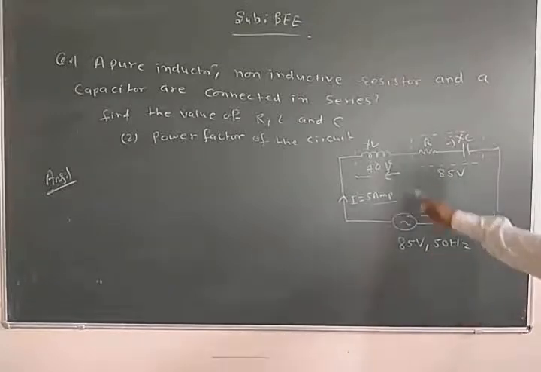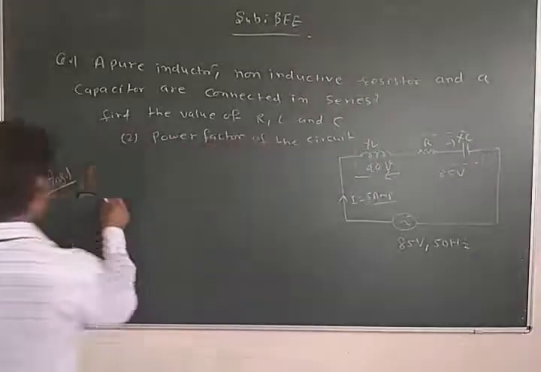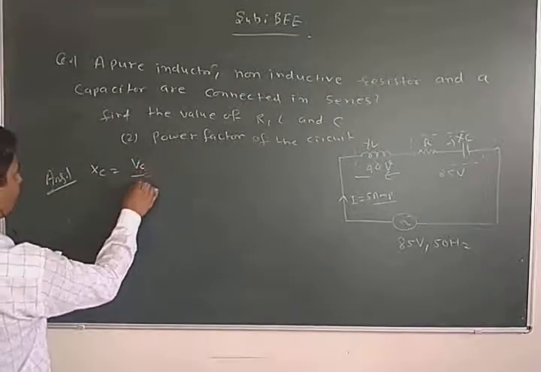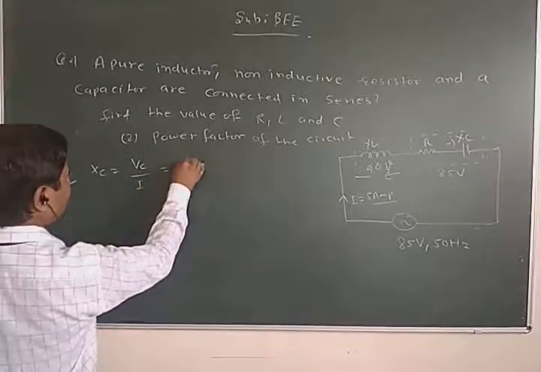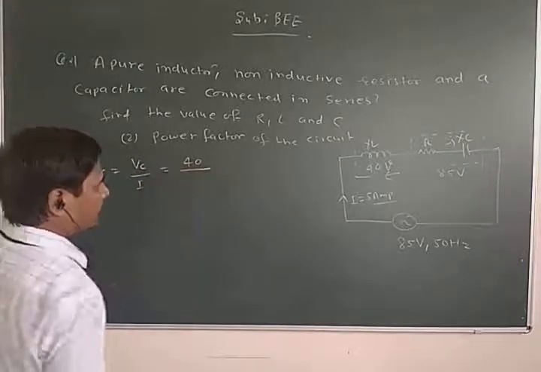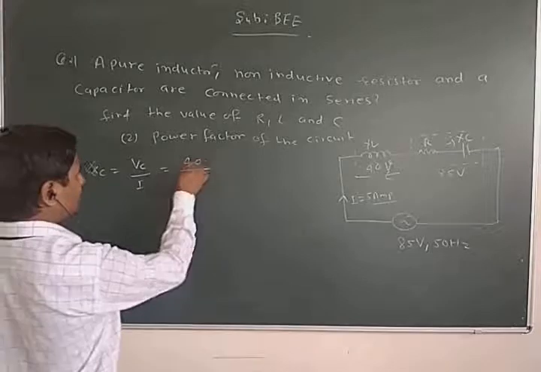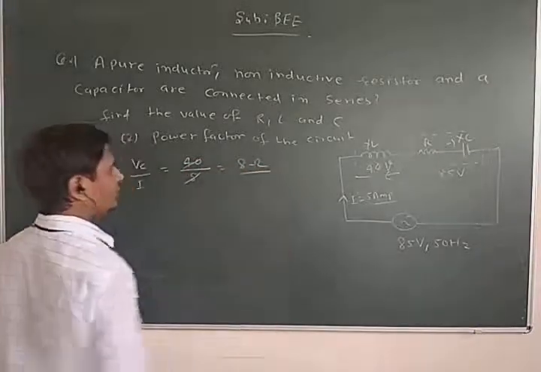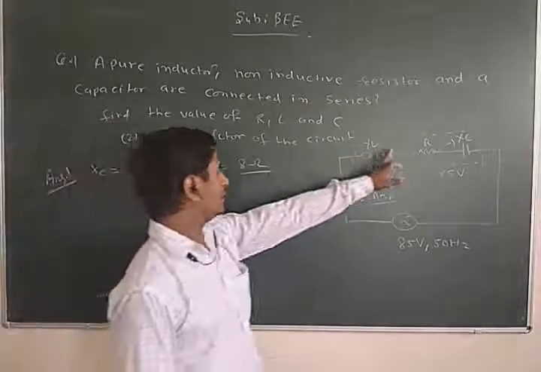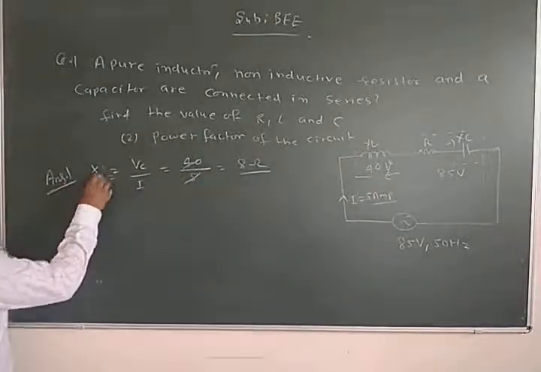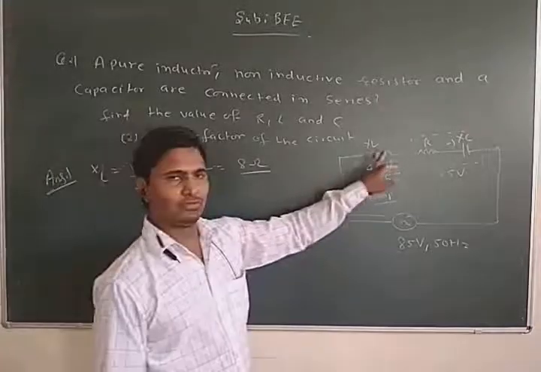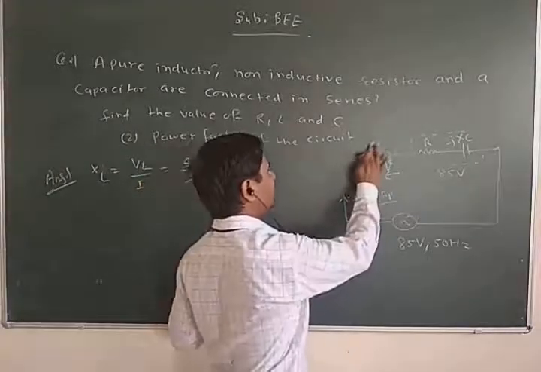Now from here we can find XL. So XL is equal to VL upon I. VL is 40 volt and I is 5 ampere, that is 8 ohms. So the value of XL is 8 ohms.